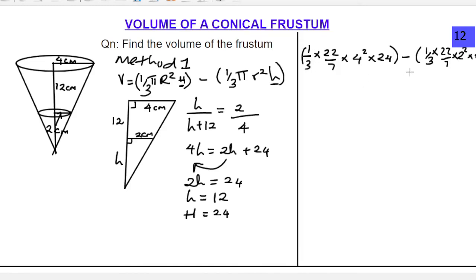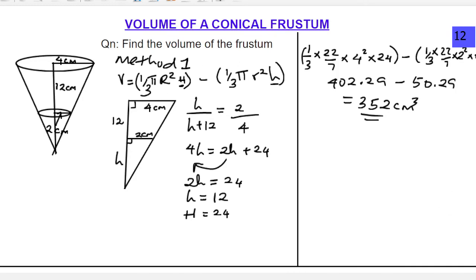If I feed this in the calculator, it will give me a value. The first part will give me 402.29. For the second part, I will have 50.29. Subtracting the two, it comes to 352 centimeters cubed. So that is the first method, how you can find volume.